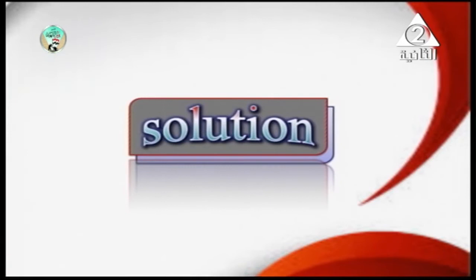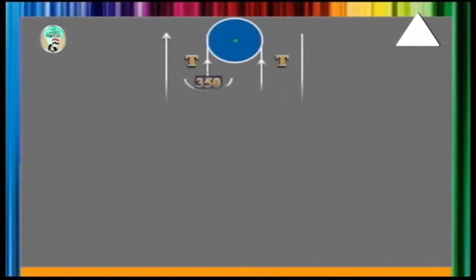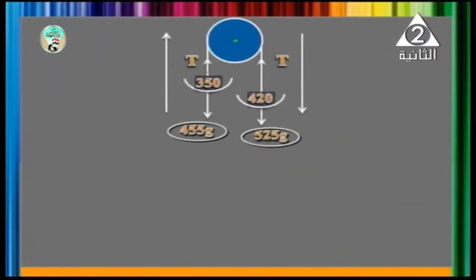My dear student, look, we have two bodies. The first is 420 gram. The second is 350 gram. The motion must be with 420. Why? Because it is more than the second.